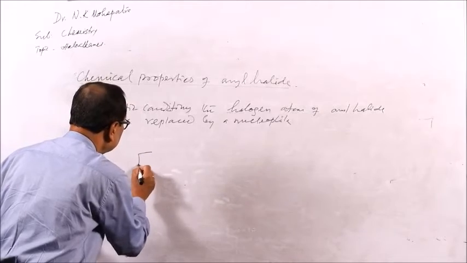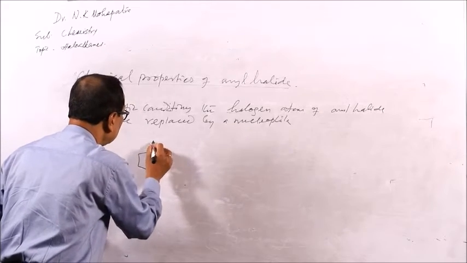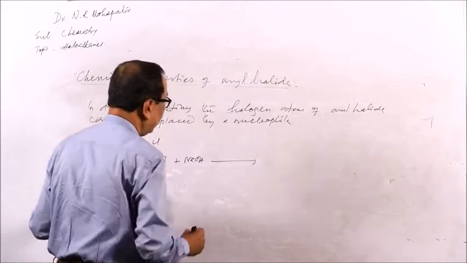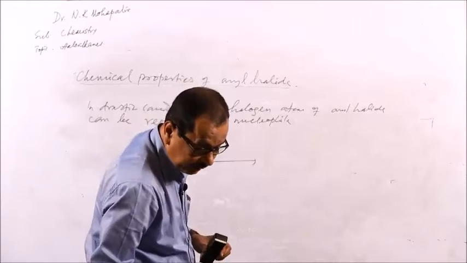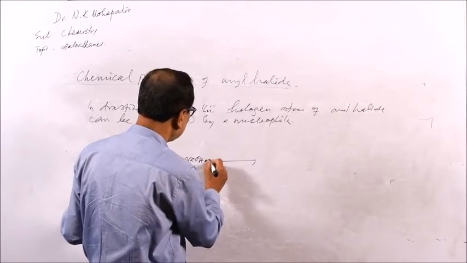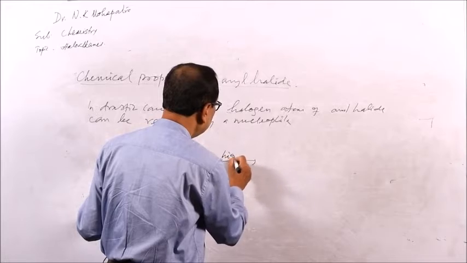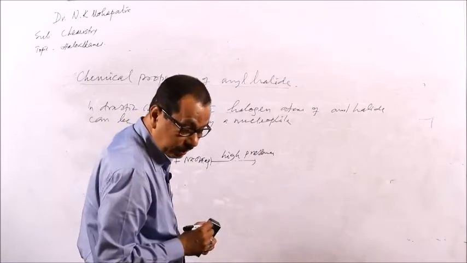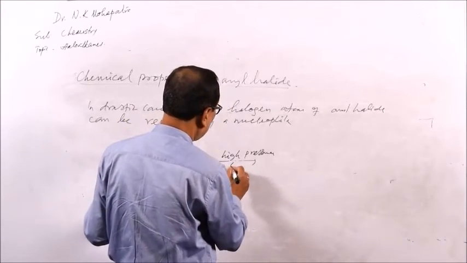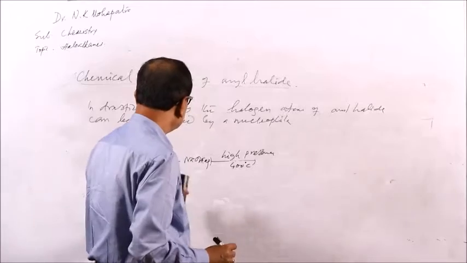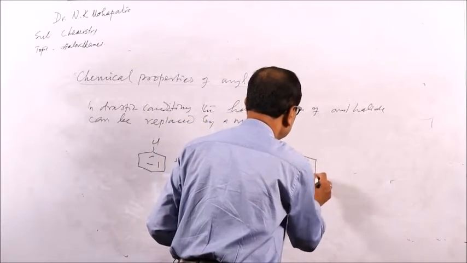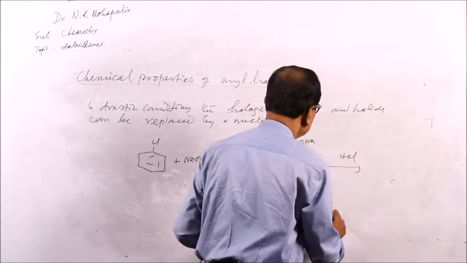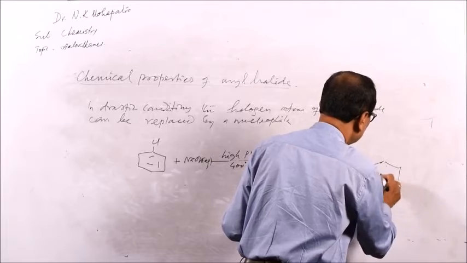That means if you take chlorobenzene plus sodium hydroxide at high pressure and high temperature, aqueous, about 400 degree Celsius, the product formed will be ONa, which will be acidified to give you OH.